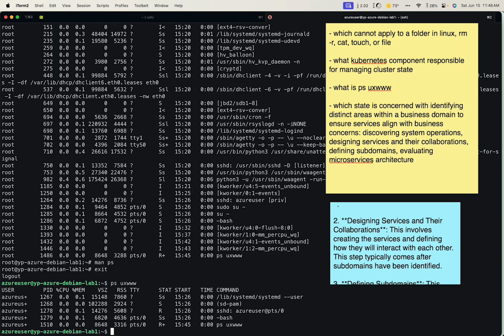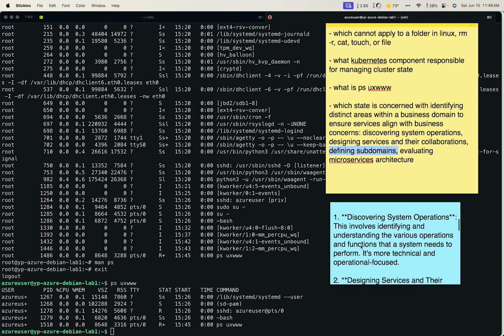One question that kind of stumped me relates to microservices architecture. You can see the question right here. Which stage is concerned with identifying distinct areas within a business domain to ensure services align with business concerns? The multiple choice options were discovering system operations, designing services and their collaborations, defining subdomains, or evaluating microservices architecture. Discovering system operations involves identifying and understanding the various operations and functions.